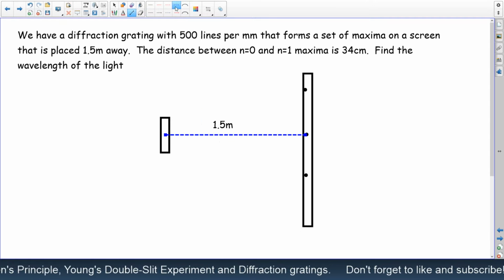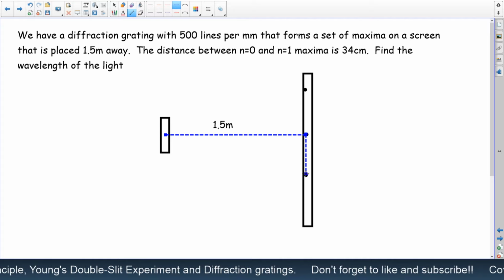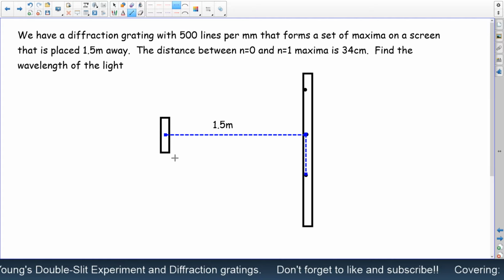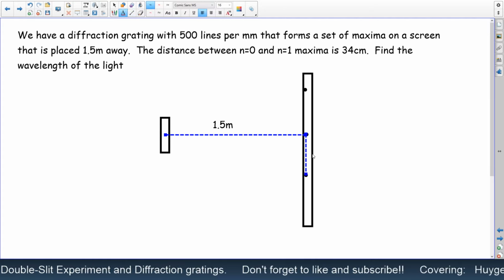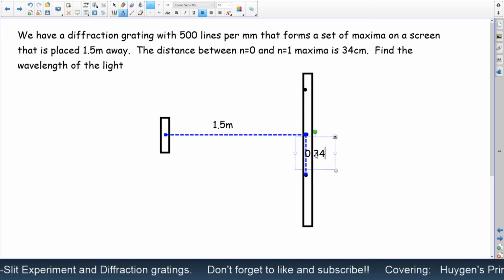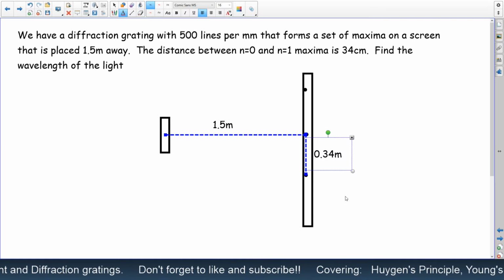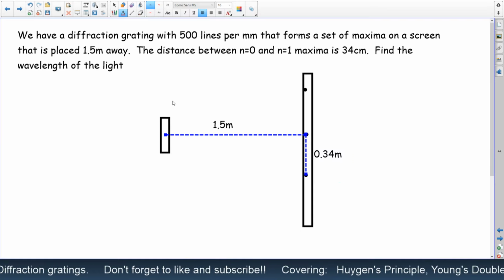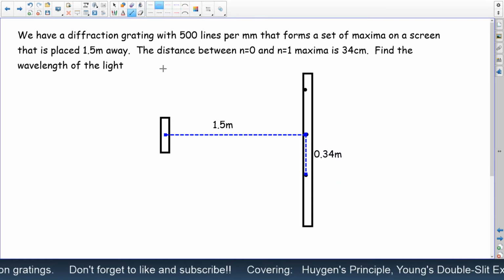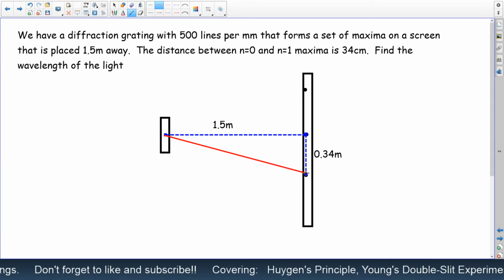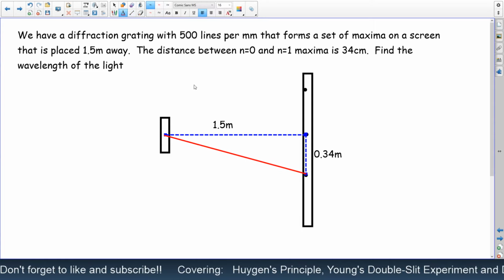And we now know that the distance from the central maximum to here is 34 centimeters. I'm not even going to be tempted to fall for a unit conversion problem, so we're going to go with everything in meters just to be safe. And that's my ray, and I'm looking for my angle theta.